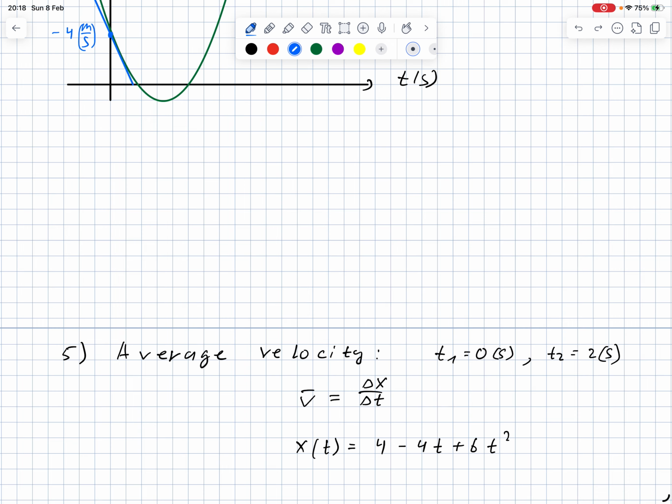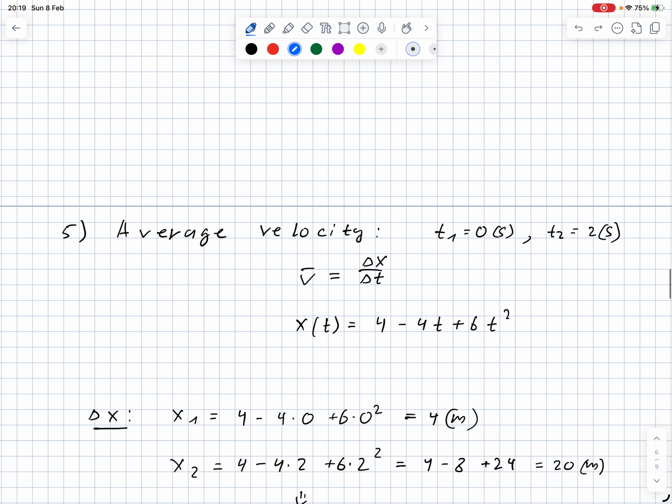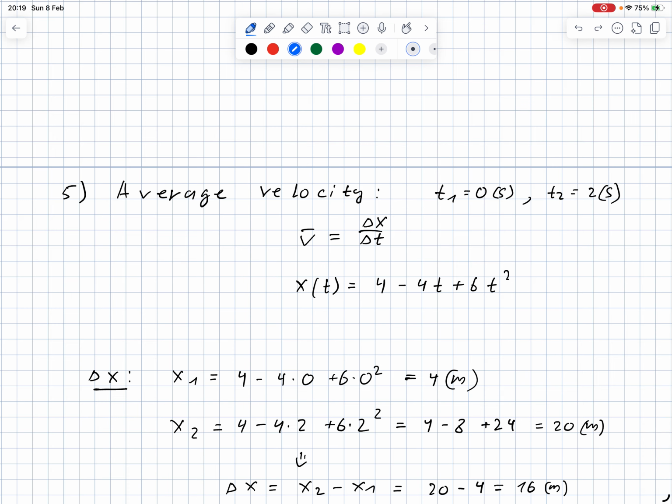Of course, we will have to find the initial position at t equals 0 seconds and the final position at time equals 2 seconds. We're going to use the expression that we found before, and substitute each time to find the position. The initial position, when time equals 0 seconds, is 4 meters.